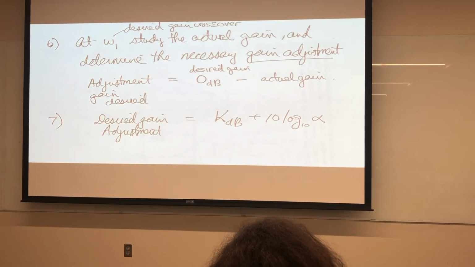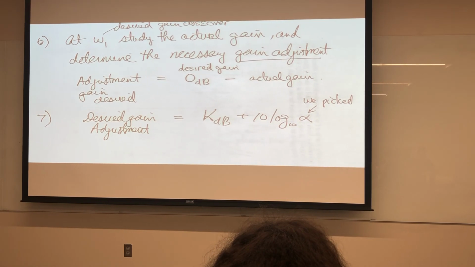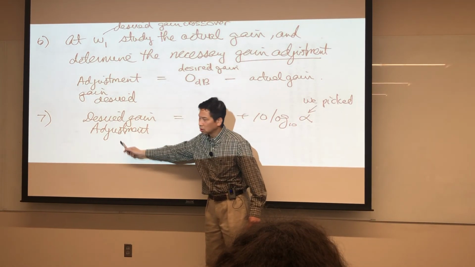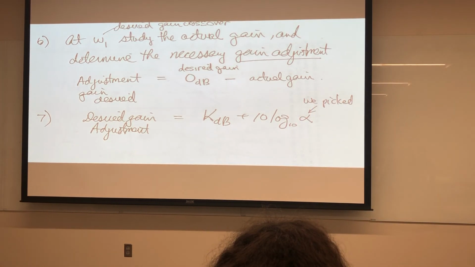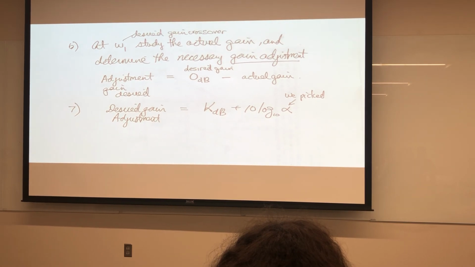We've already, in an earlier step, picked alpha, so this is a known. We know how much we desire. So now we can solve for K in dB. A little bit of algebra, rearrange things.